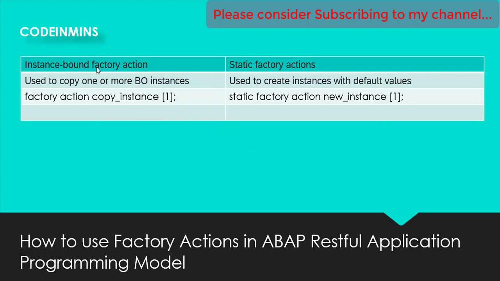Now one difference, not between these two, but between the non-factory and the factory actions: there is no result parameter available in the factory action like we have in the normal actions.